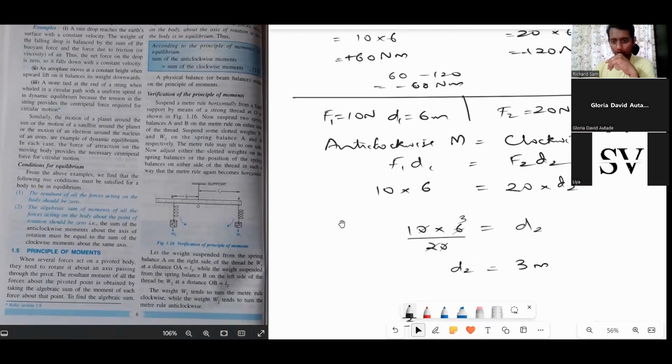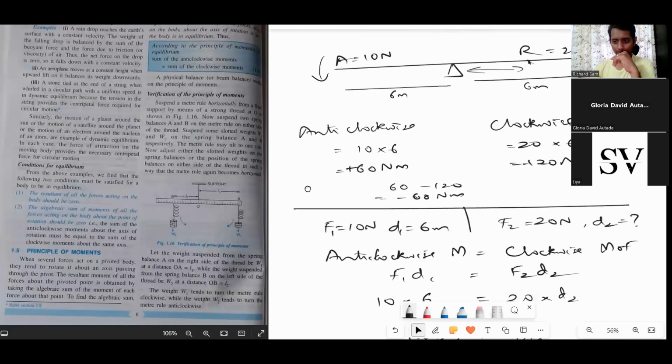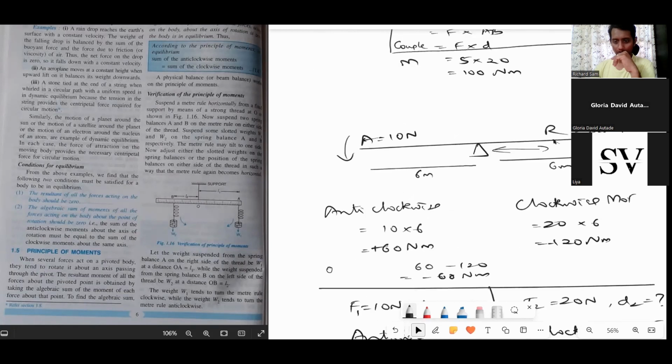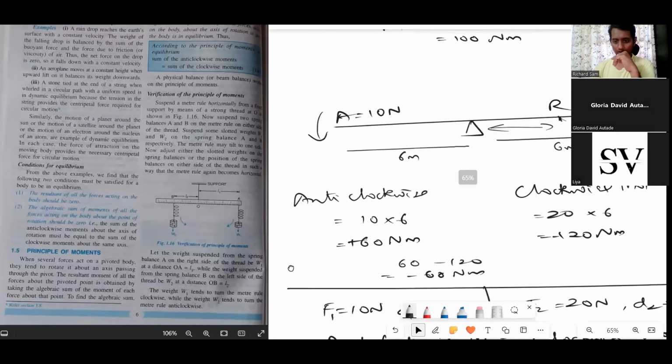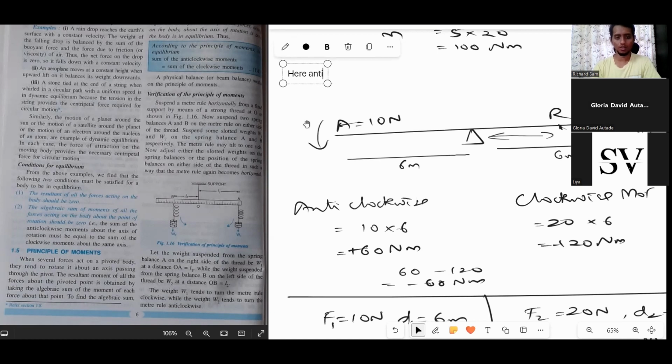Okay. Write down whatever you have to write down. So I think from where? Okay, first for this you write down the heading. Here, anti-clockwise moment of force is not equal to clockwise moment of force.